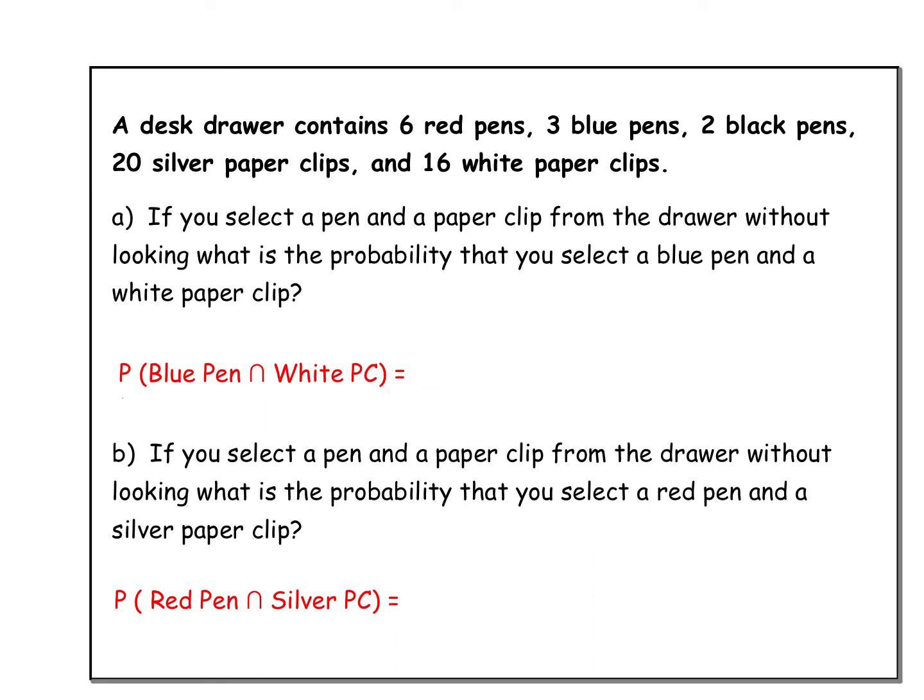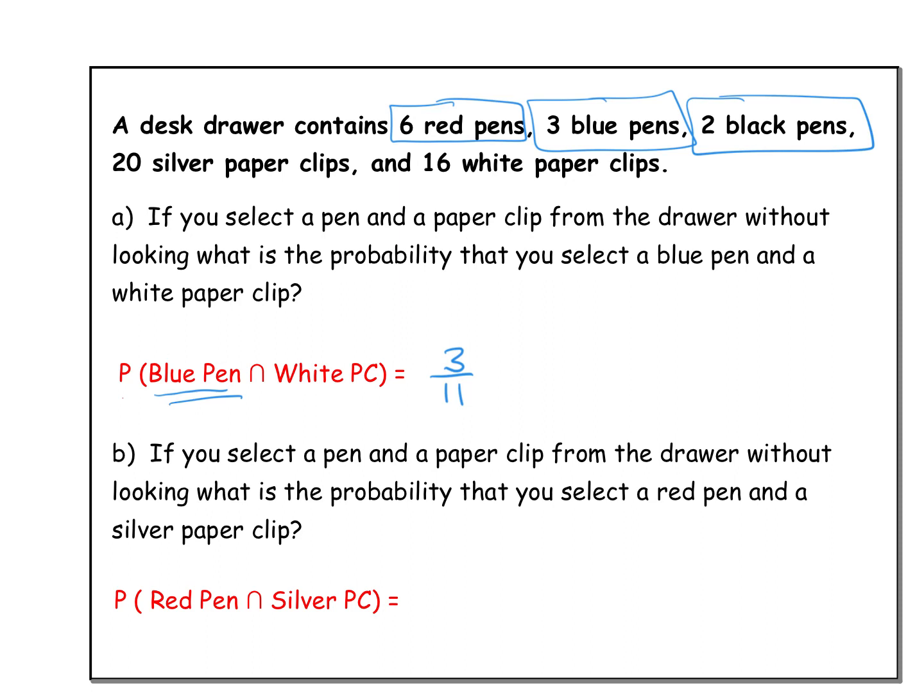So, to find the compound events, we have the probability that we get a blue pen would be what? How many pens do we have? How many pens total? There's 11 total, and how many are blue? 3. Do you see blue pens?